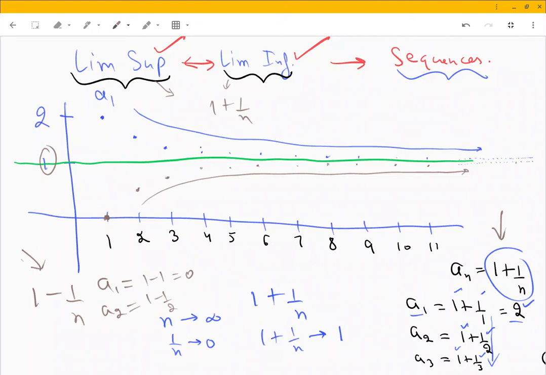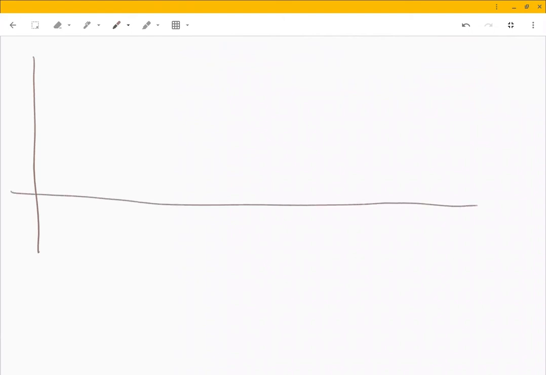So limit superior means, I should not have taken this. Okay, let's just take a break from this and consider another sequence.